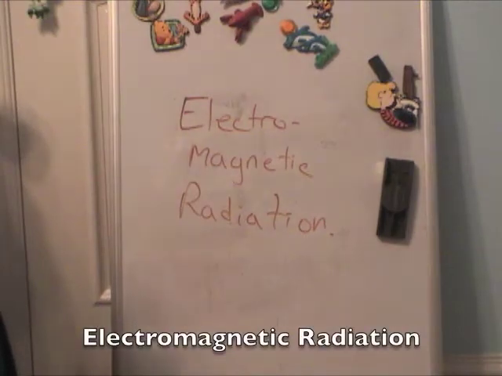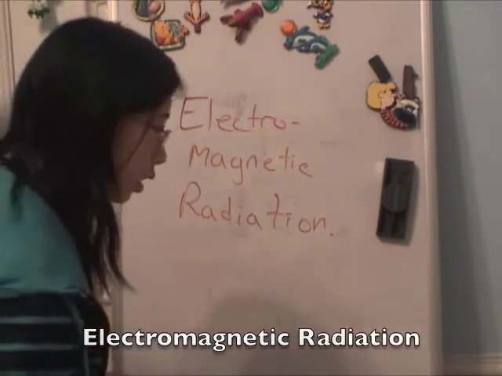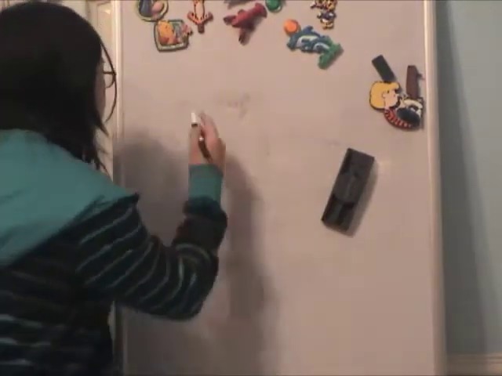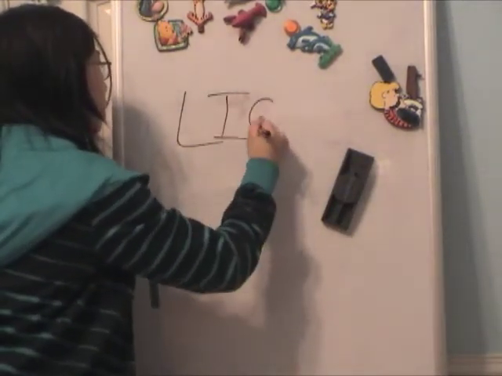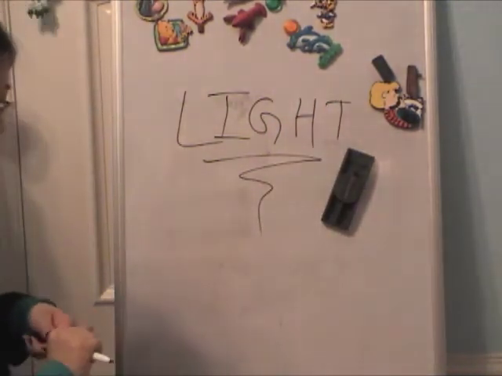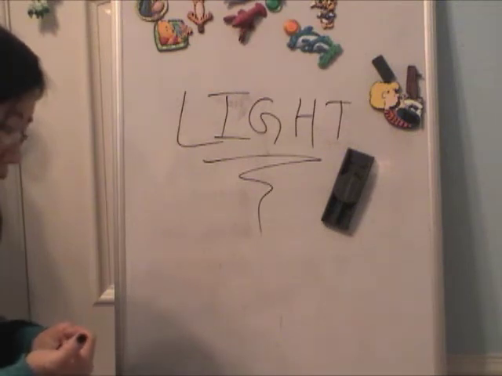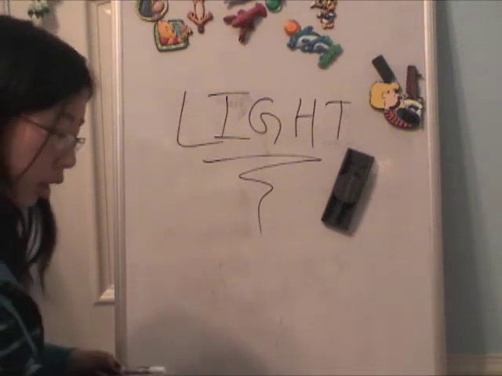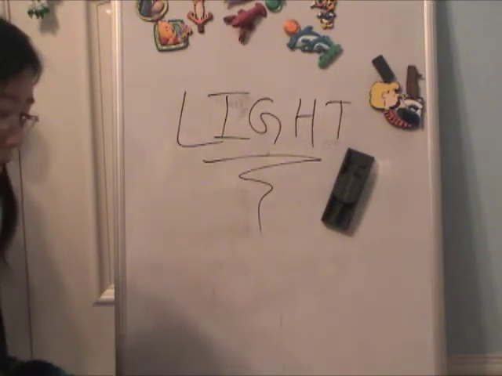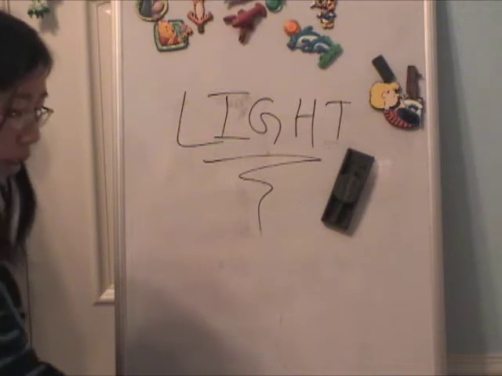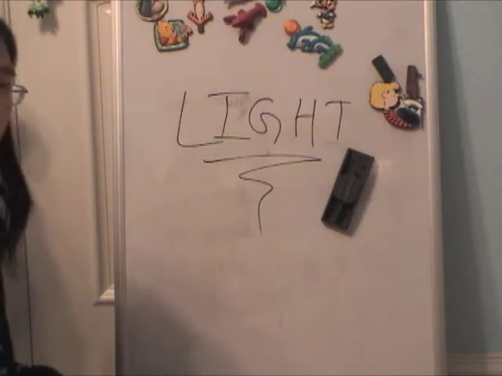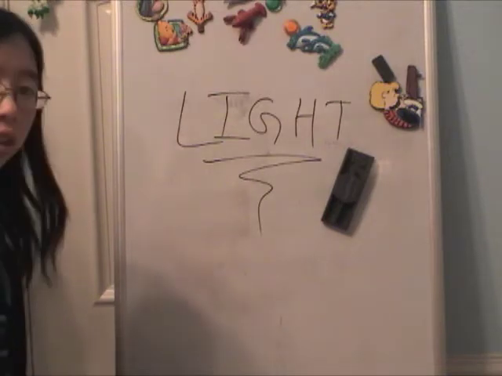that word, electromagnetic radiation, this basically means light. So, yeah. The correct definition is the emission and transmission of energy in the form of electromagnetic waves, and electromagnetic means light, so electromagnetic radiation has anything to do with light.